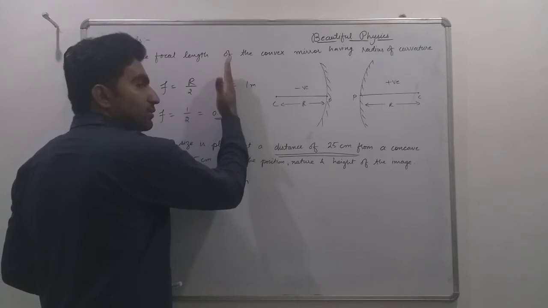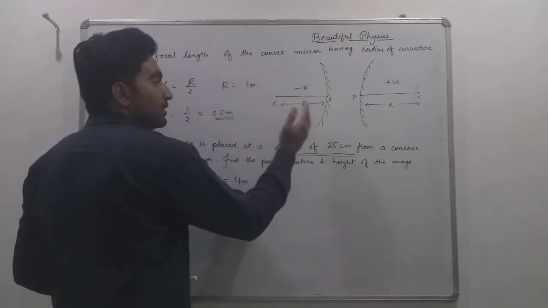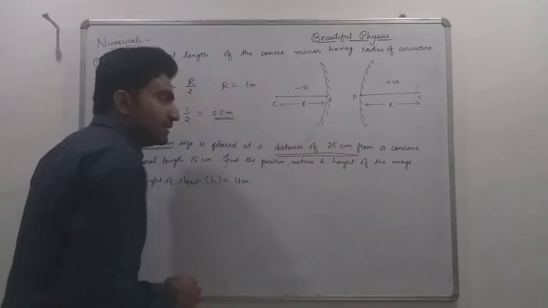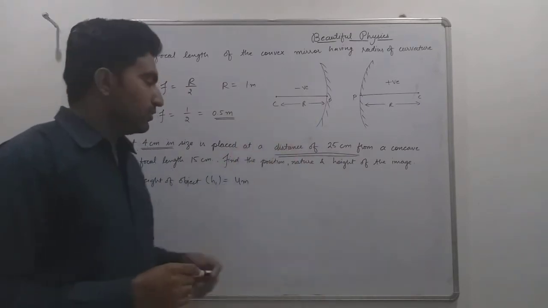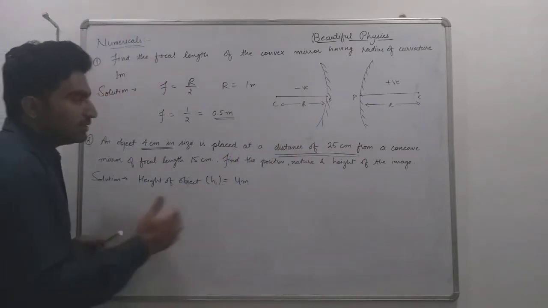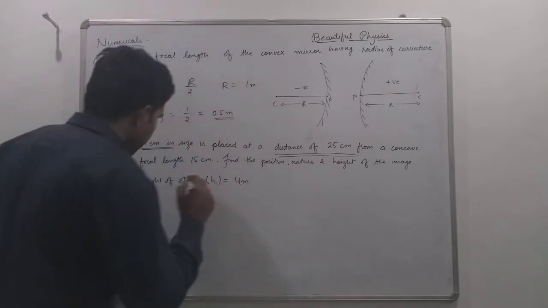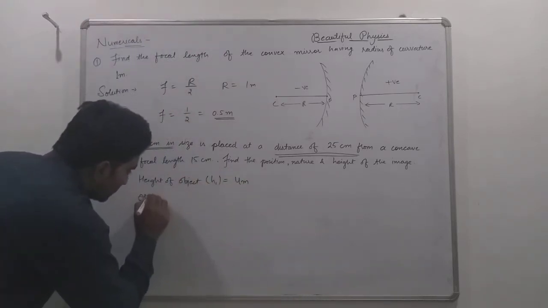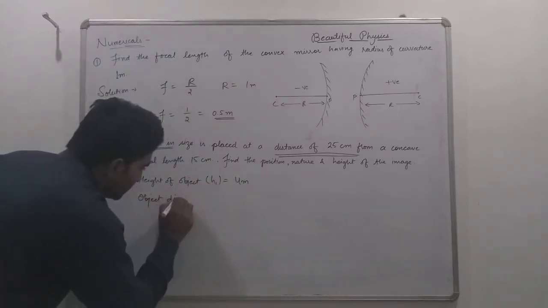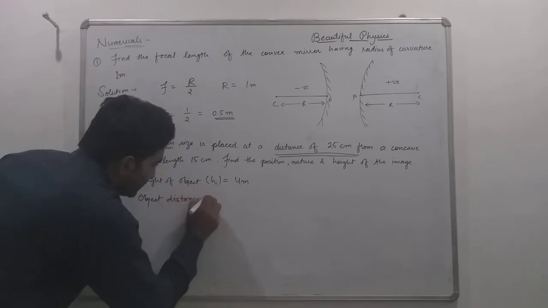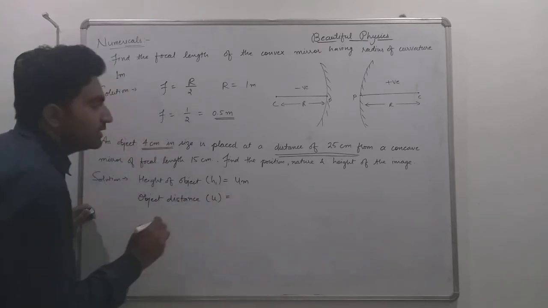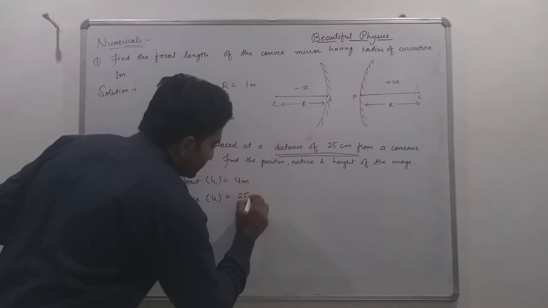Suppose here is our object placed. We are given the object distance from the mirror, which is 25 cm. The object distance is represented by u, and it is given as 25 cm.